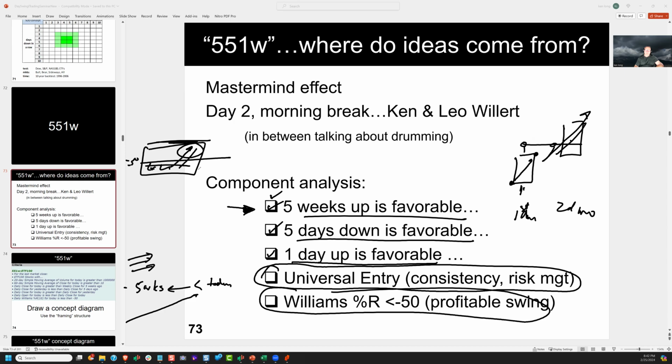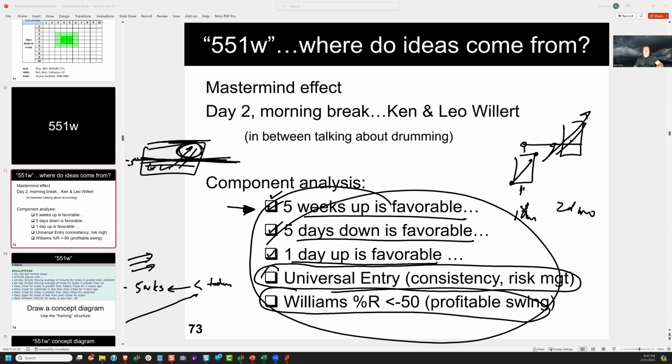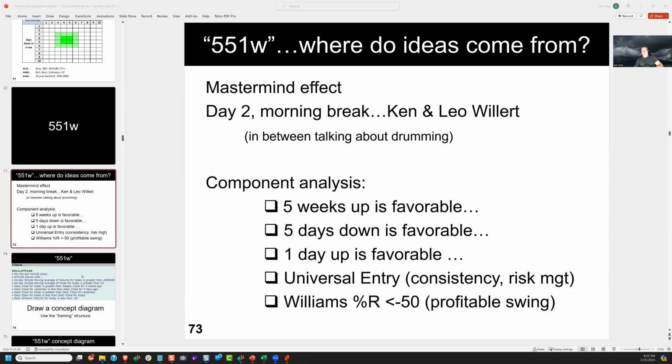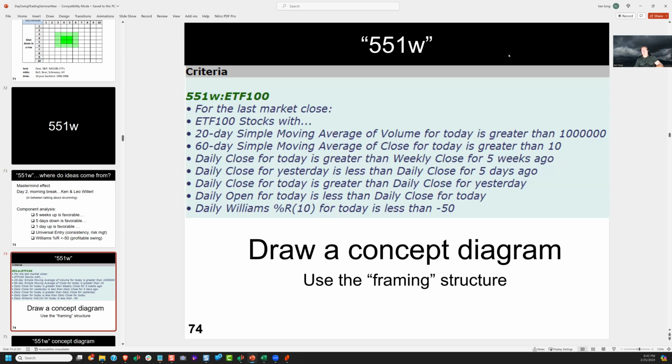So we were not as strict on that as in other systems. We just wanted to be on the correct side of value, below the midpoint. So we put all 5 of those rules together, and we came up with a pattern called the 551W, and the rules look like this.